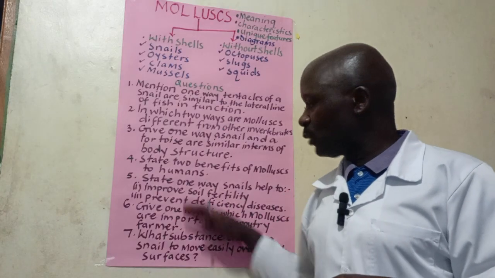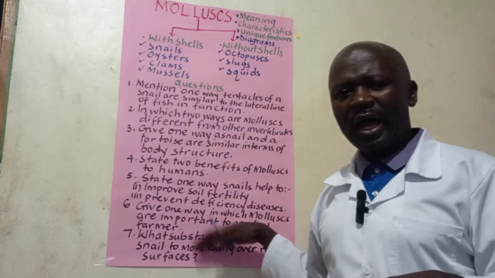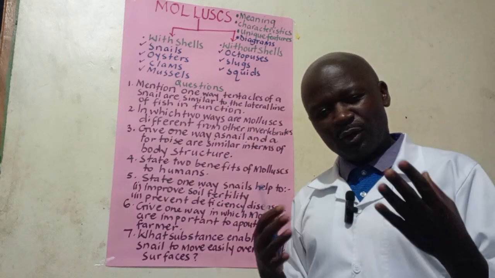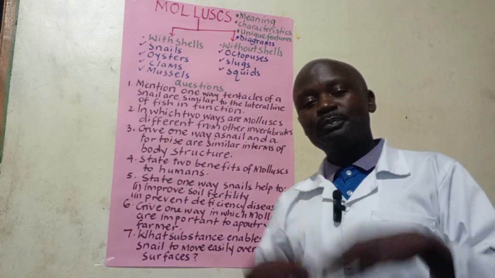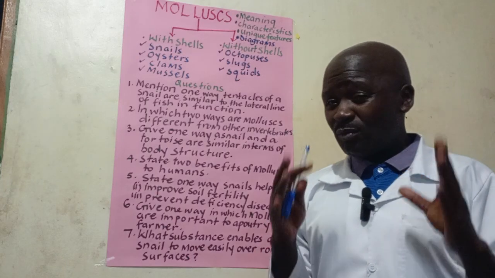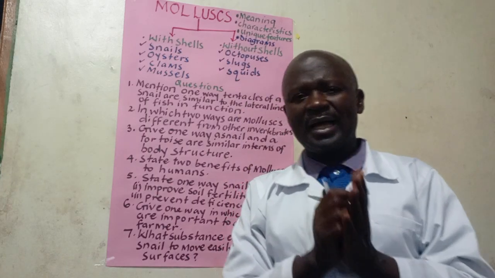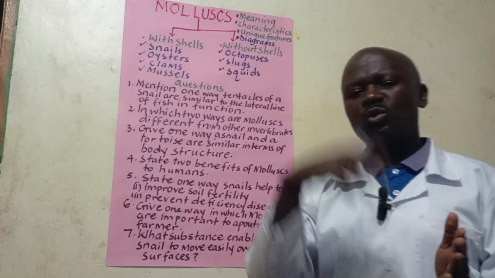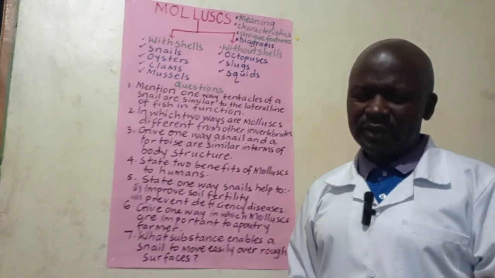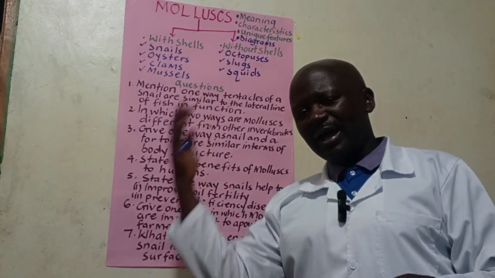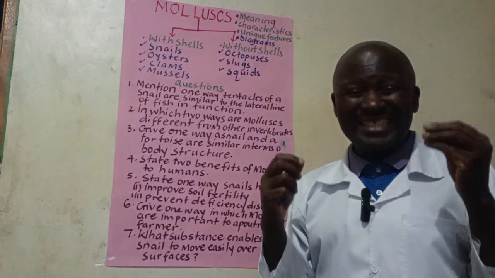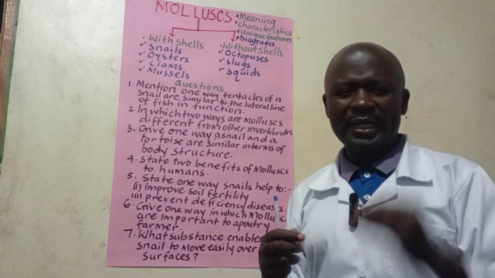So the rest of the questions, I'm waiting for your answers in the comment section. But all in all, there is something I wanted you to learn. When you are teaching mollusks, you are supposed to help these learners to compare mollusks with other animals, like vertebrates, like other invertebrates, and that is how you can say that I have taught the lesson.